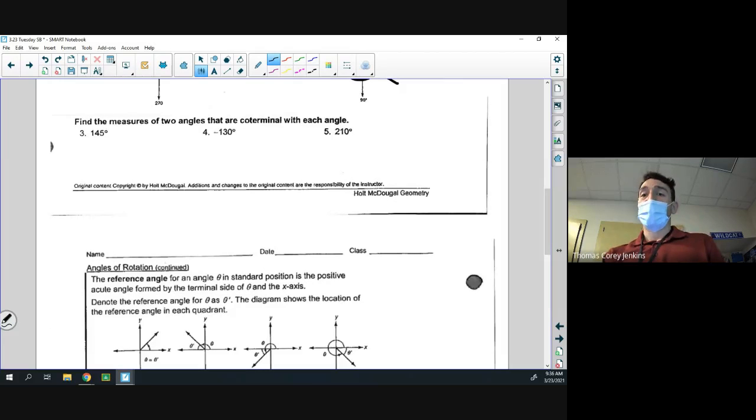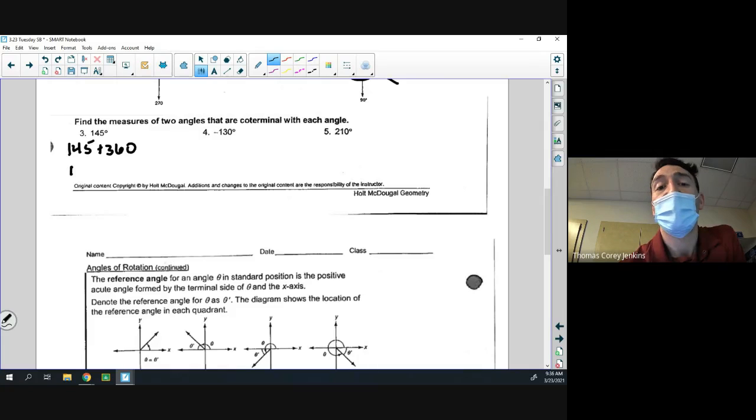All right, so remember from up above it says to find the two coterminal angles, you just add 360 and subtract 360. So for 145, we'd go 145 plus 360 and 145 minus 360.